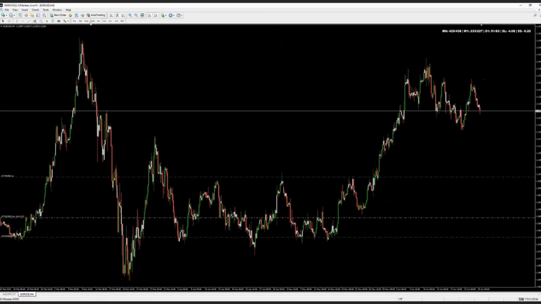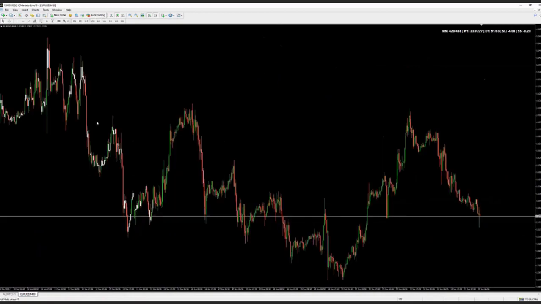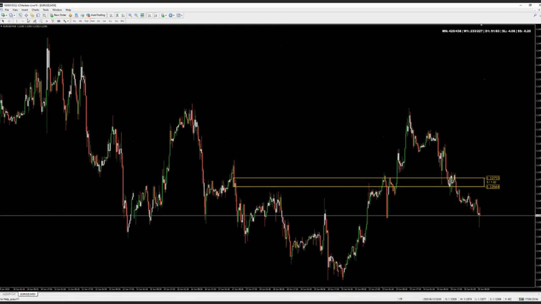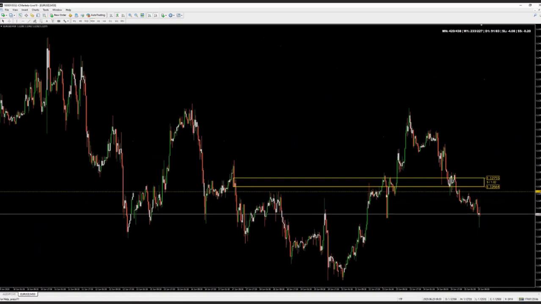If we go to the area of supply, tested it, we came up to it, we pulled the slingshot back, and then we left.